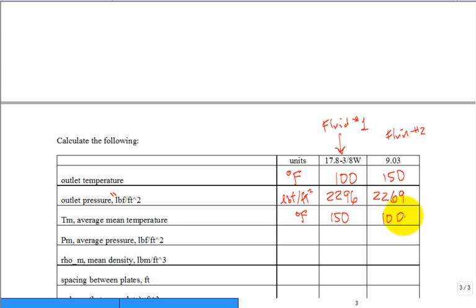Now, what about the average pressure in pound force per foot squared? So, what's the average pressure? Well, it's going to be higher than 2296, isn't it? 2300?